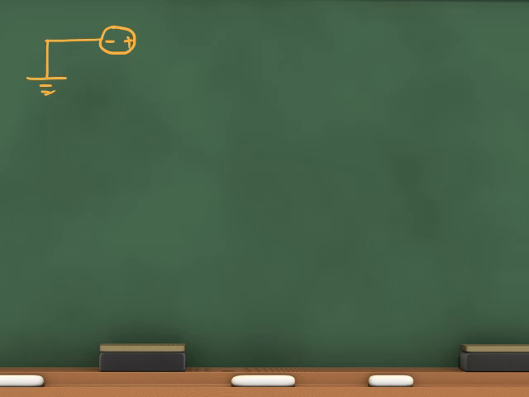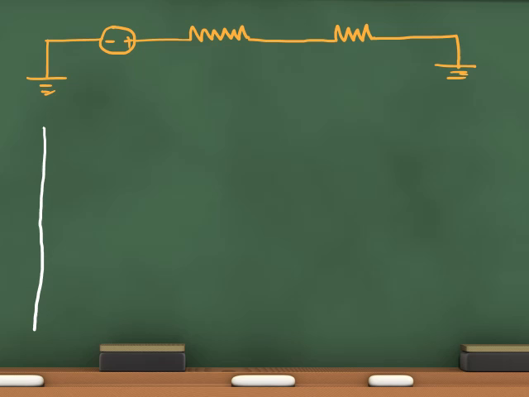Minus, plus. And if I want to draw the voltage for this one, observe what will happen. This is the connecting terminals for resistors R1, R2 and the voltage source.